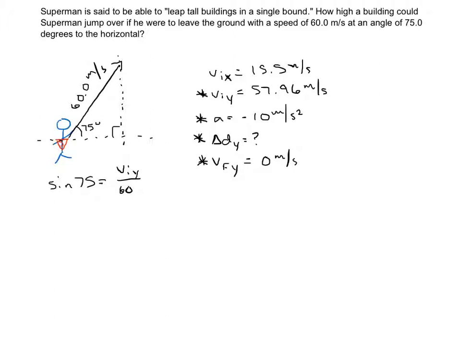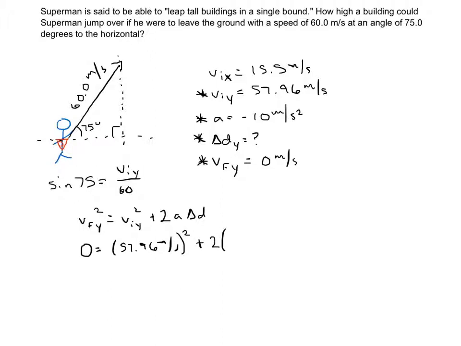So we're going to use that same equation as we did last time. We're going to use VF squared equals VI squared plus 2A delta D. Again, VF is 0, and we've got 57.96 now for our VI. Sorry, that's supposed to say meters per second.